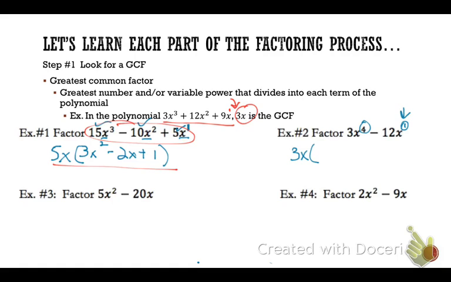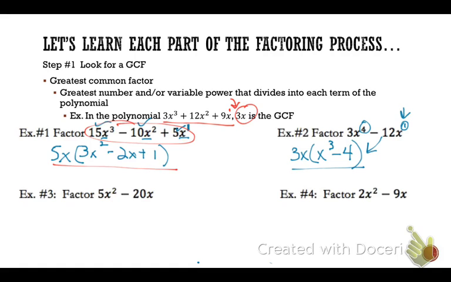X to the 4th divided by x will leave us with x to the 3rd. Negative 12 divided by 3 is negative 4. X divided by x is 1. So we have factored this polynomial into two terms that can multiply to give you that original polynomial.